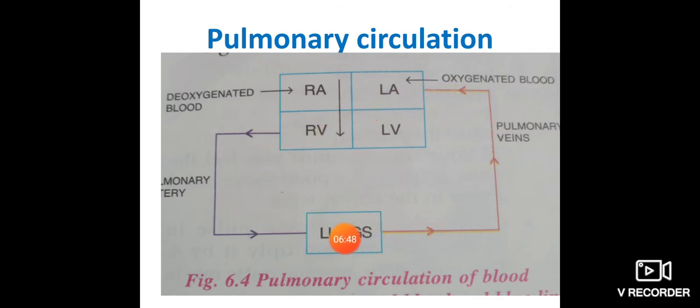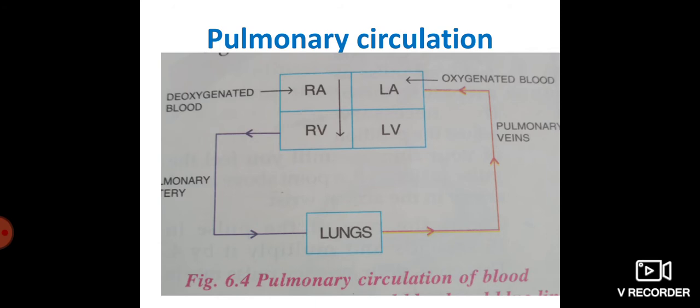In this circulation, blood is transported only from the heart to the lungs, from the right side of the heart to the lungs, and from the lungs to the heart again. So that is the pulmonary circulation. Once more, pulmonary circulation transports blood only between the heart and the lungs. That transportation is called pulmonary circulation.